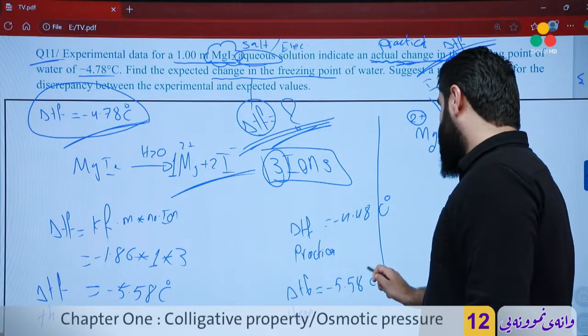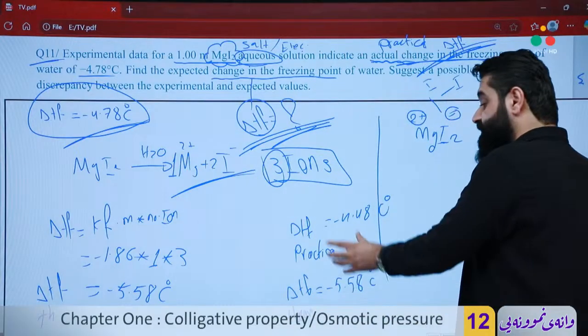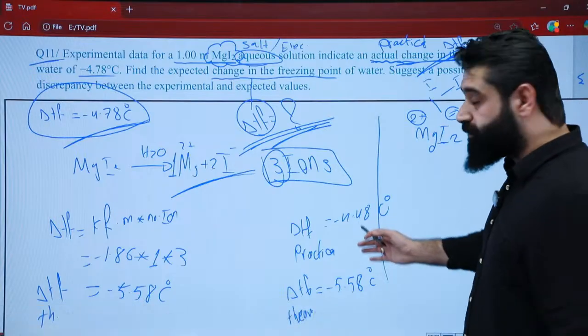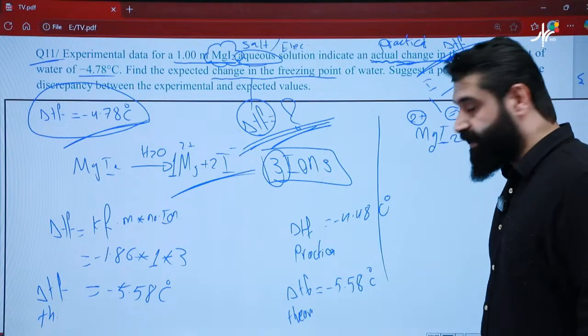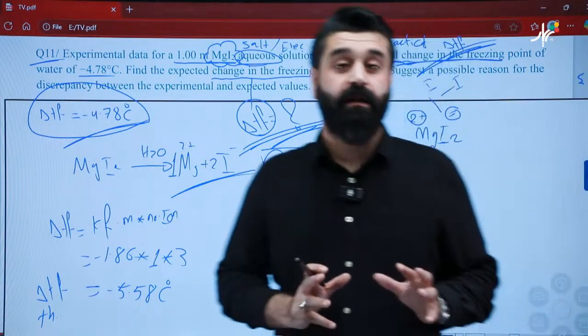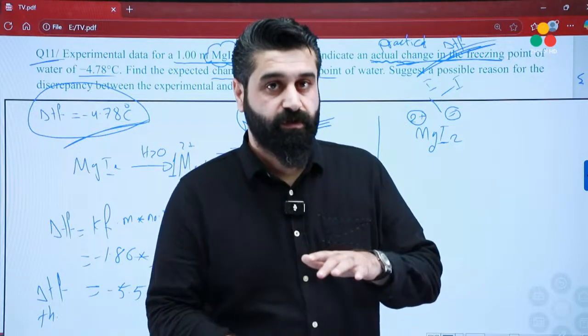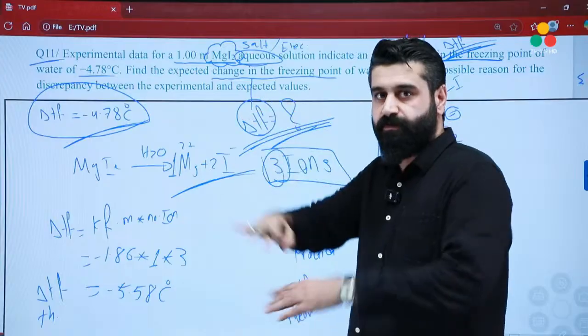Mister, just now you said theoretical is always greater than the practical result. But now negative 4.48 is greater than negative 5.58 Celsius degree. My dear, this is not about the math value of the result. It's about the change, the greatness of the change. It's about the jump, the gap of the result from the real value.